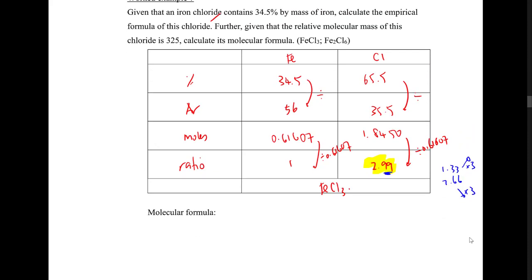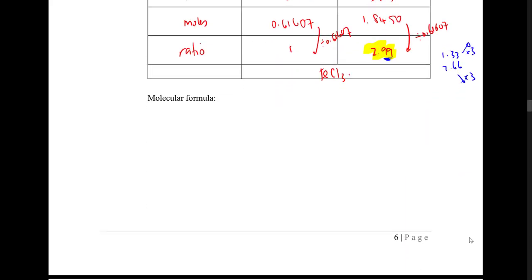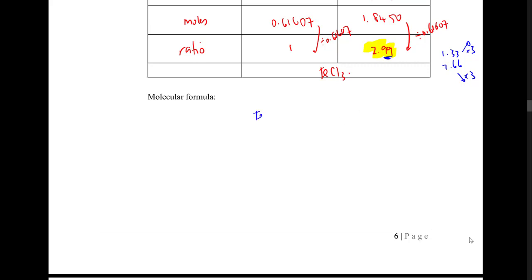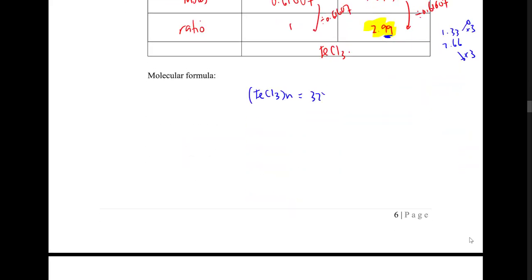So now we know that the molecular mass is 325. How do you calculate the molecular formula? What you want to do here is write out (FeCl3)n is 325. Iron is 56, chlorine is 35.5 multiplied by 3, n is 325.